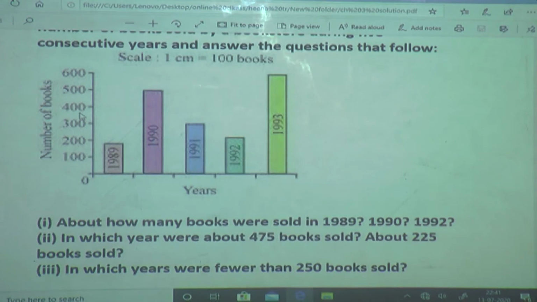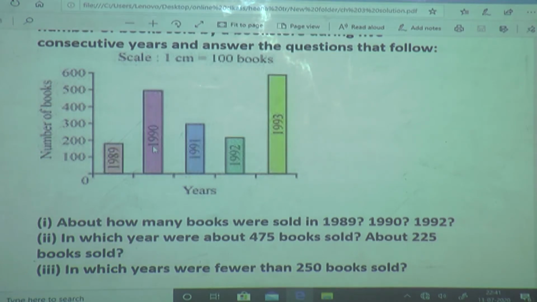This is 400 and this is 500. In between 400 and 500 we have 475. I told you that it's not exactly 500, it is less than that, so you can say it is 475. So in which year is it?